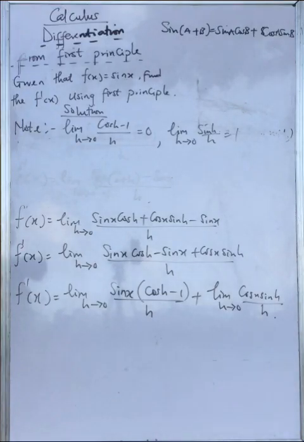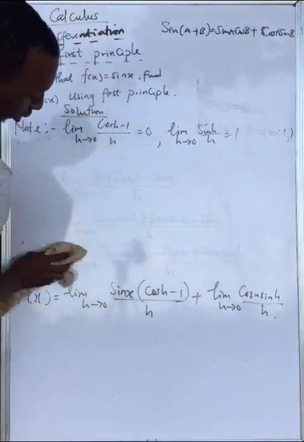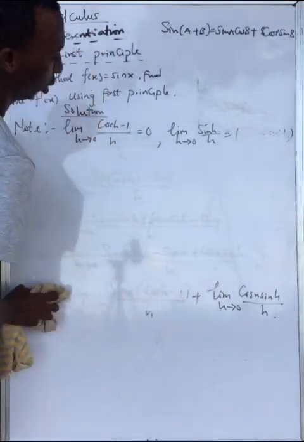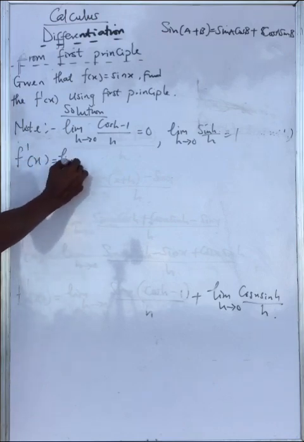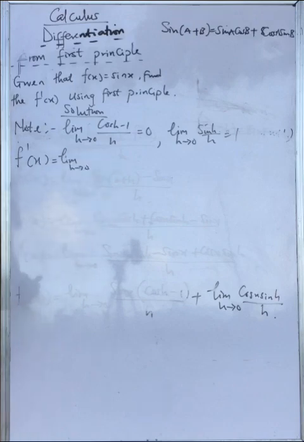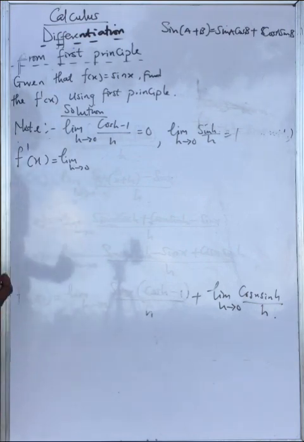So if we apply that rule here, let's see what we are going to have. We are going to have the f prime of x become the limit where h tends to 0, and I'm going to apply the product rule. You understand now? The limit of a product is equal to the product of the limits, and that's exactly what we are going to discuss here.